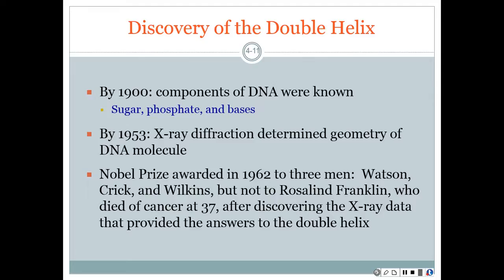Rosalind Franklin was also working in London, but she was at King's College, and she was using a technique called X-ray diffraction. That was helping her to determine the structure of the DNA, especially the backbone, where you have sugar, phosphate, sugar, phosphate, everything just alternating.